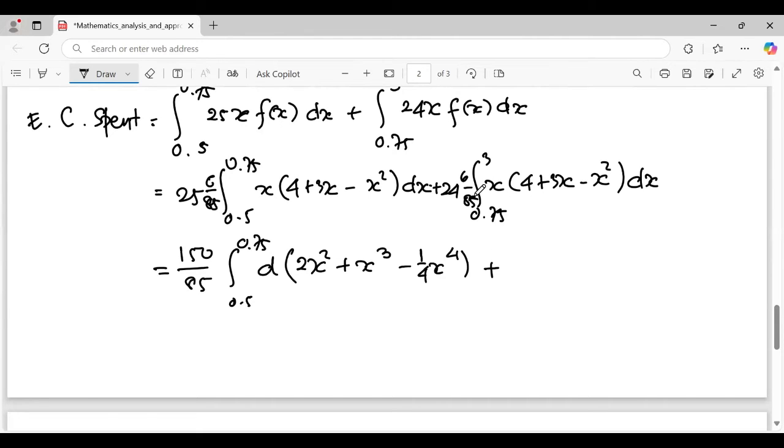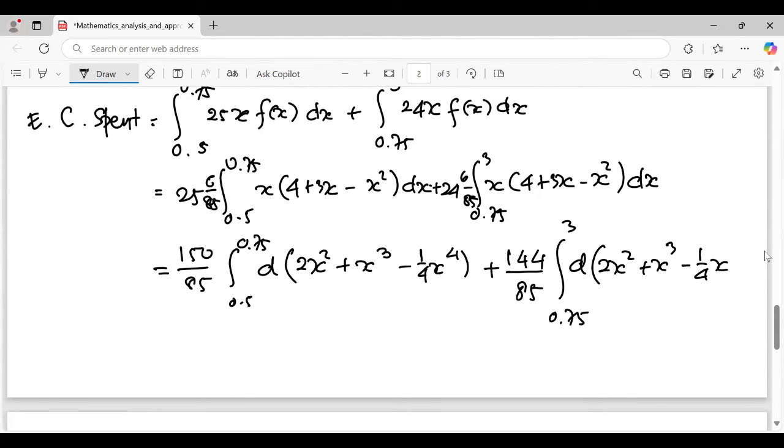And this one, 24 times 6 is 144/85, from 0.75 to 3. The antiderivative is the same expression: 2x squared plus x cubed minus 1/4 x to the power 4.